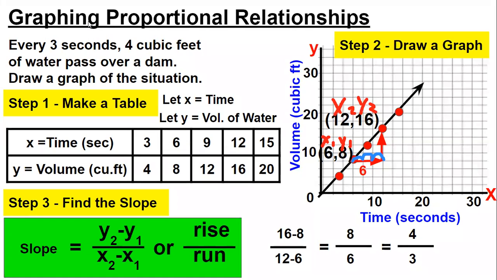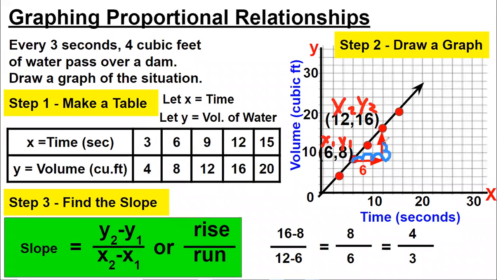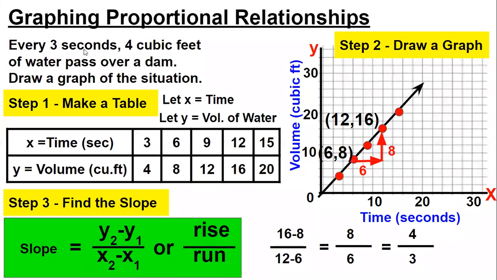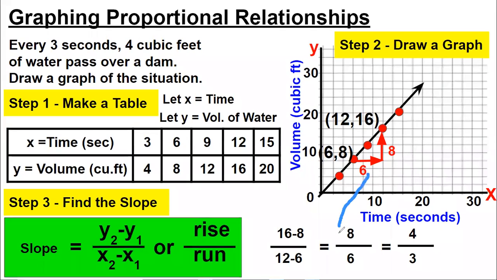How many units have I gone up? Well, I'm here. 2, 4, 6, 8. Okay, so that would be my rise. There's my 8. Notice how those are the same numbers I have down here. This is my x, my run, and this is my rise. Starting to make sense? Good.